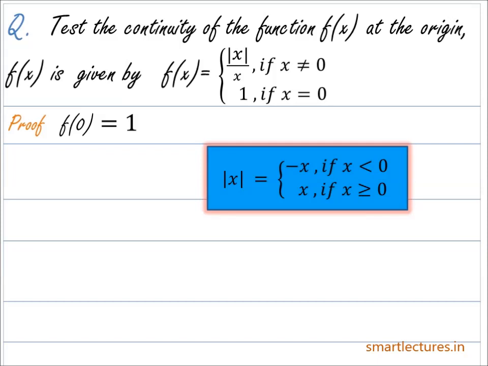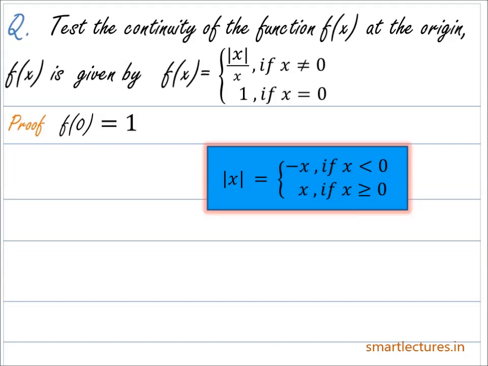So value of modulus x upon x will vary depending upon whether x is less than 0 or greater than 0. So in order to find the limit of this function when x is not equal to 0, we shall have to find its left hand limit as well as right hand limit.